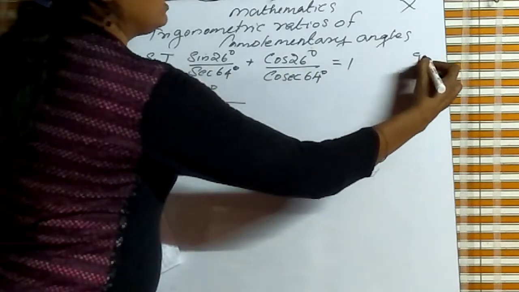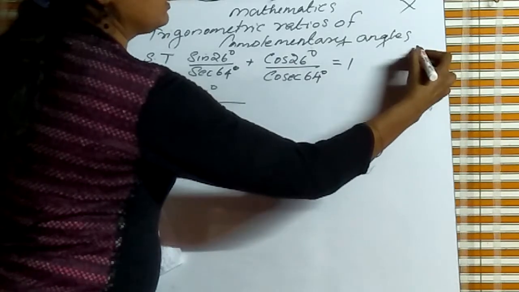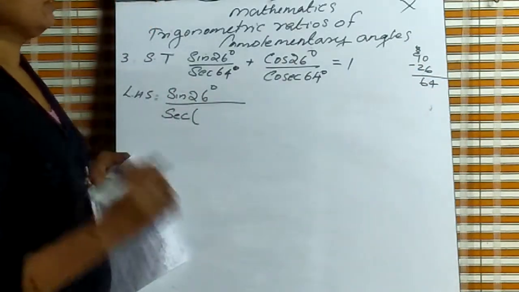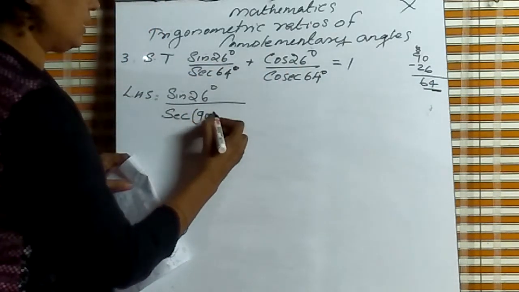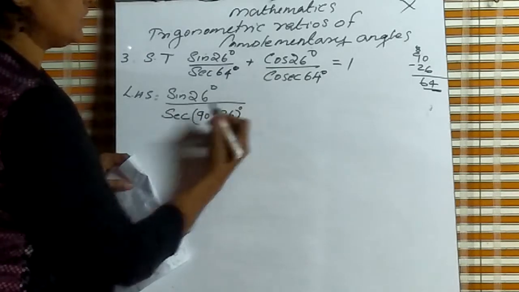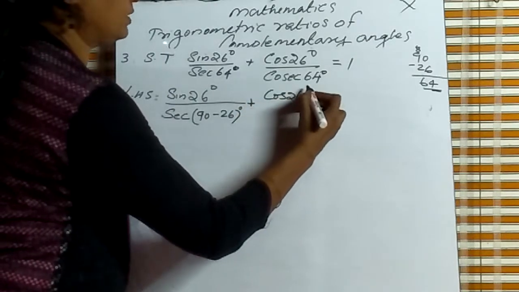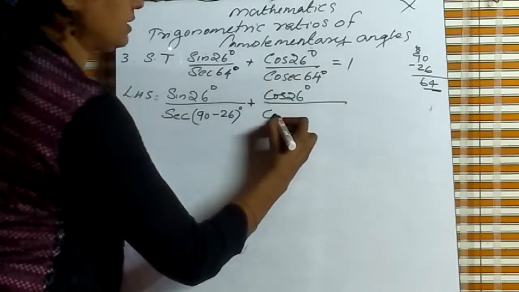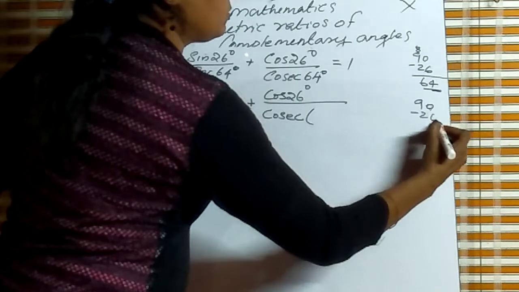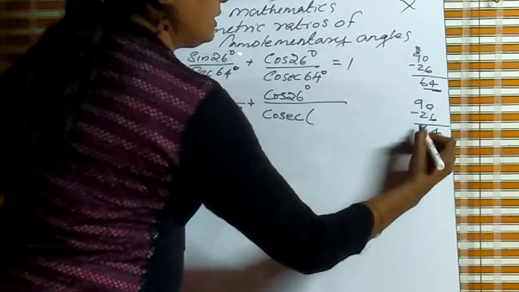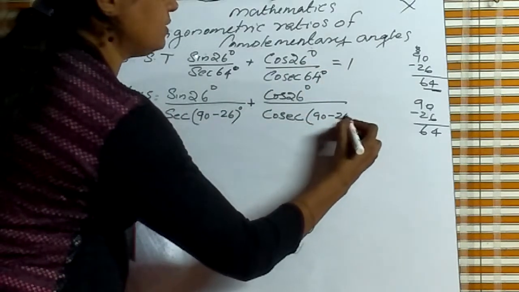What is 64? 90 minus 26 is 64. So sec 64° is equal to sec(90° − 26°), plus cos 26 itself, divided by cosec 64°, where 64 can be written as 90 minus 26.